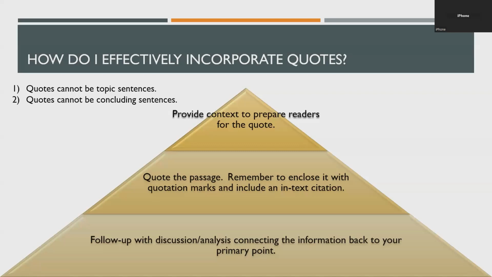You have to provide them the necessary information for them to understand what you are about to say. Once you've provided that context, then you're actually going to quote the passage. When you're quoting from something, typically you're going to put that in quotation marks. The exception is if it is a block paragraph, and you're going to include your in-text citation.